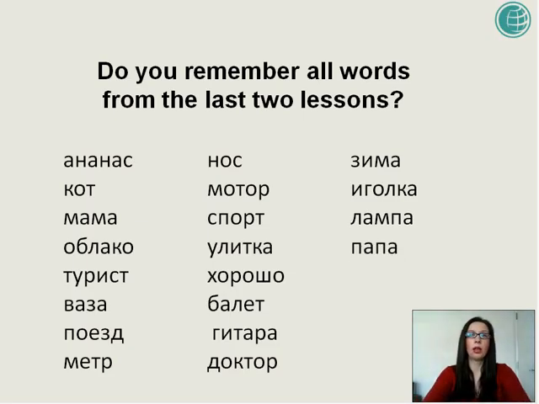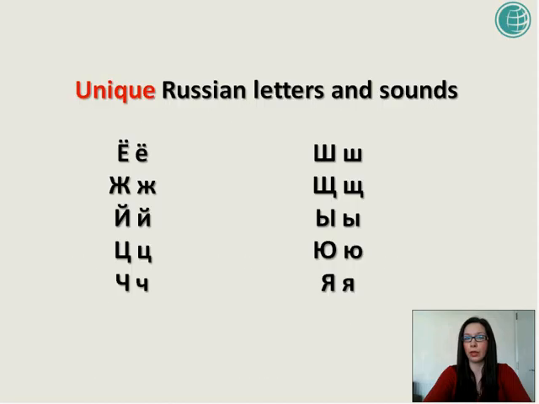Папа, father. Фрукт, fruit. And era. Okay, so look how many new words you already know. And now let's start. It's the last part of Russian alphabet. It's unique Russian letters and sounds.